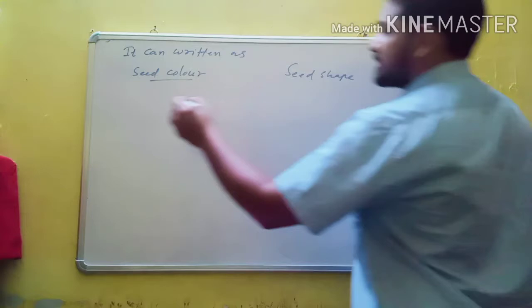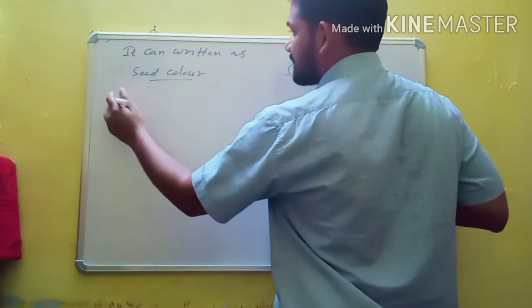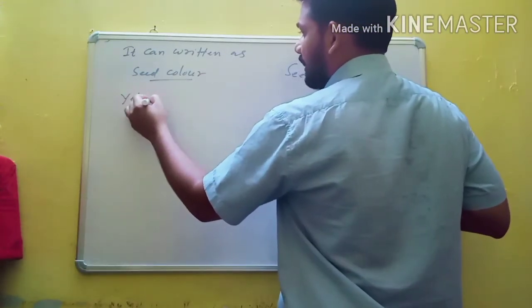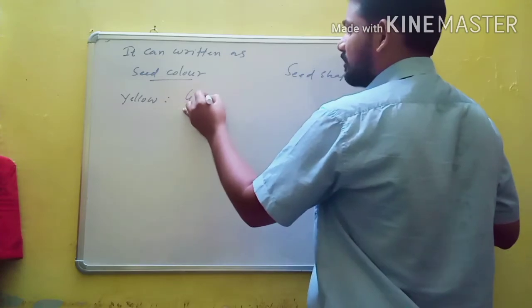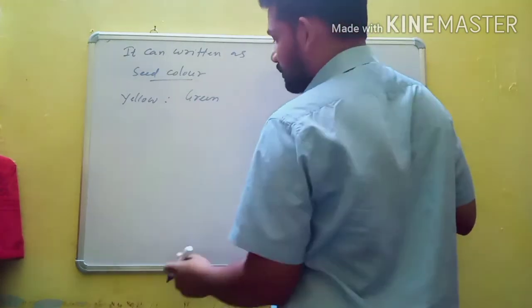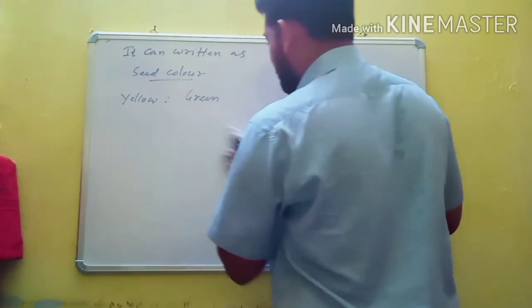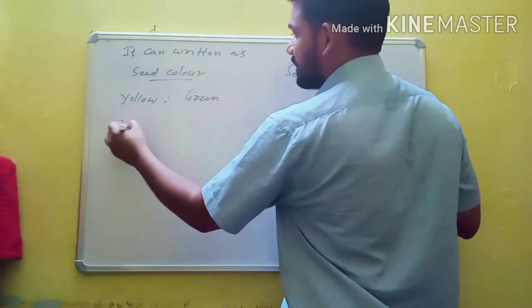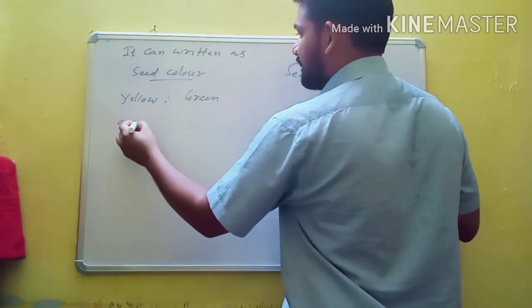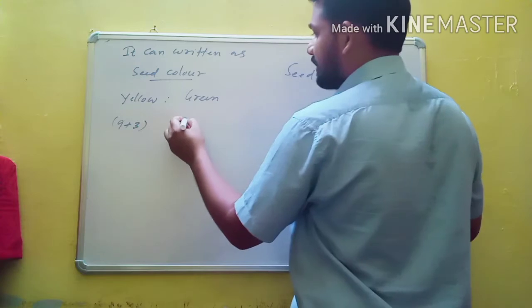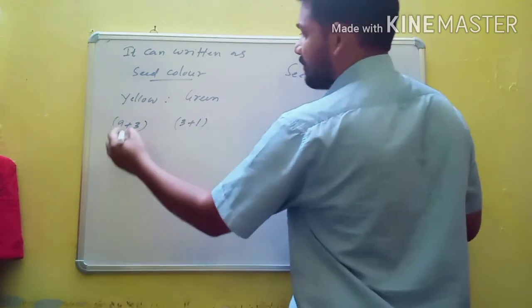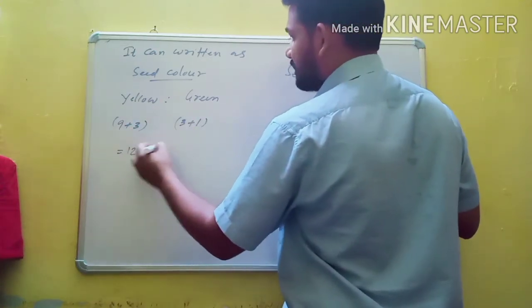So what is the seed color? Yellow and green. Yellow is dominant over green. So how many yellows? If you observe the Punnett square of the dihybrid cross, yellow color is 9 plus 3, and green color is 3 plus 1. So 9 plus 3 means 12 and 3 plus 1 means 4.